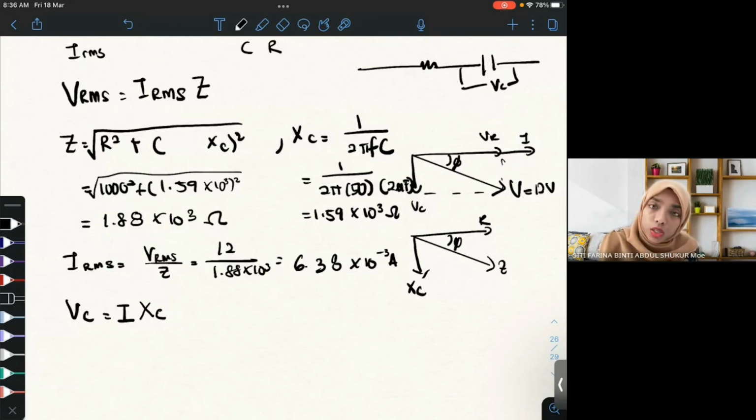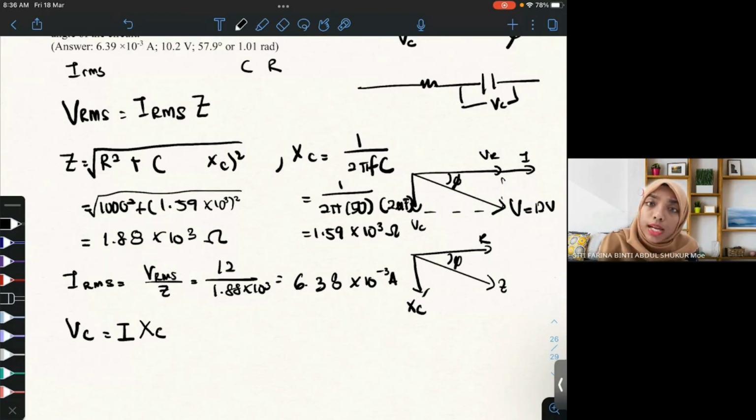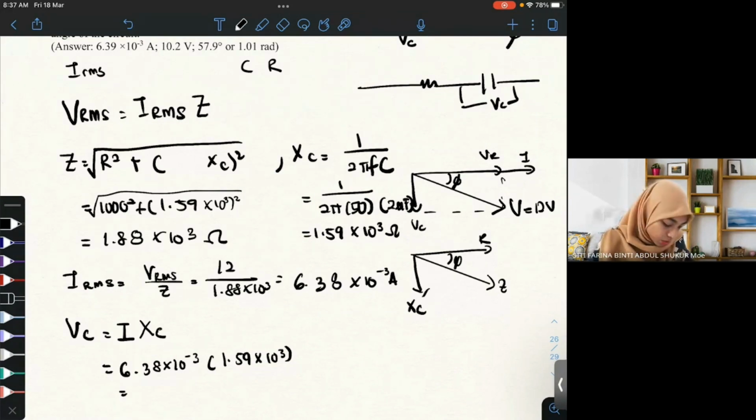Current yang lalu across capacitor is the same current that is going to flow in the circuit, iaitu I RMS kamu, which kita dah cari daripada soalan A. So your I is 6.38 times 10 to the power negative 3. XC pun kita dah cari. And then you can press your calculator times 1.59 exponent 3. Dapatlah 10.15 V. This is the voltage across the capacitor.